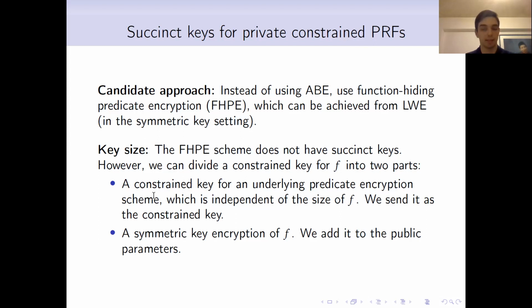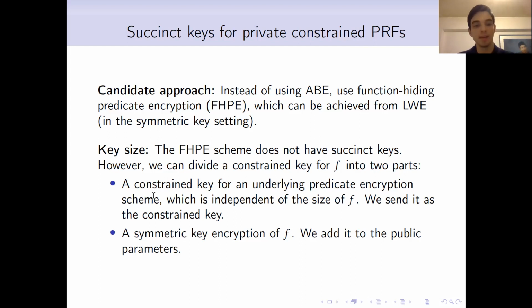So we send that as the constraint key. And then the second part is a symmetric key encryption of f, which obviously depends on the size of f. But we can safely add it to the public parameters because it gives no information to a possible attacker unless they have either the master secret key or the respective constraint key associated to f.